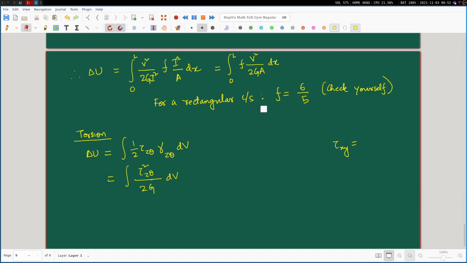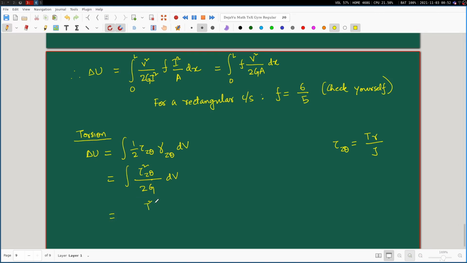Let me make the corresponding thing here, that this tau z theta is equal to Tr by J for torsion, where J is the polar moment of inertia. I'll just substitute it here.